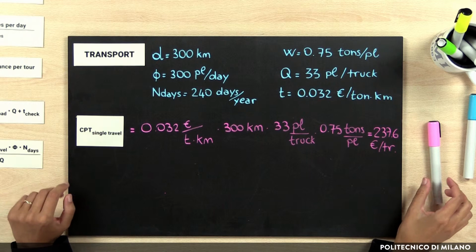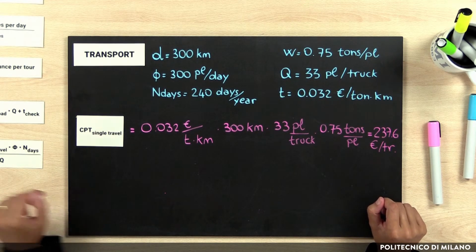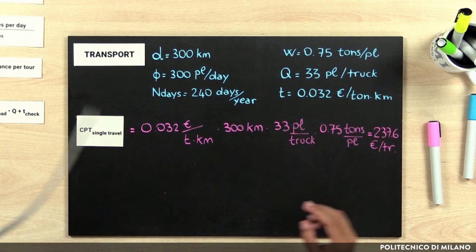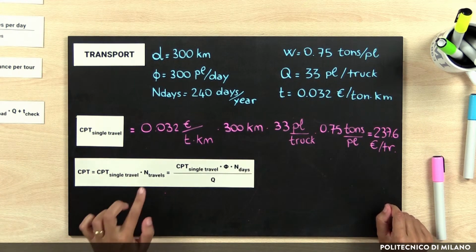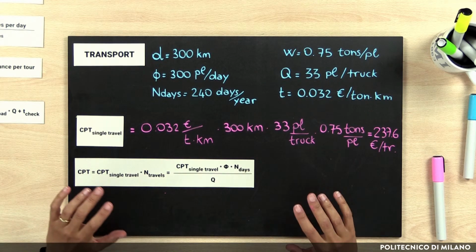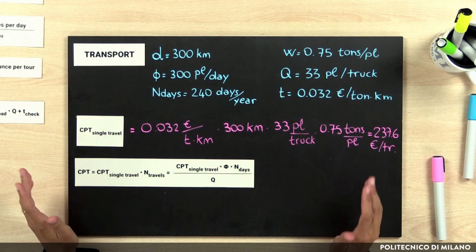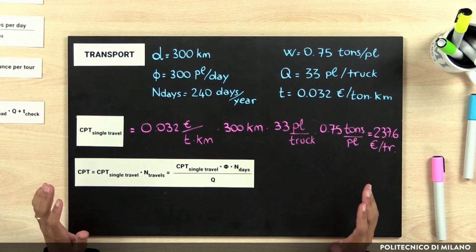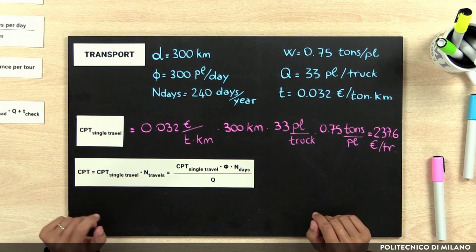The annual transport cost can then be computed considering the total number of travels needed to move all the goods. So, the total number of travels is equal to the flow of goods we have to move per the number of days, all divided by Q, which is the number of pallet loads we move in every single truck.